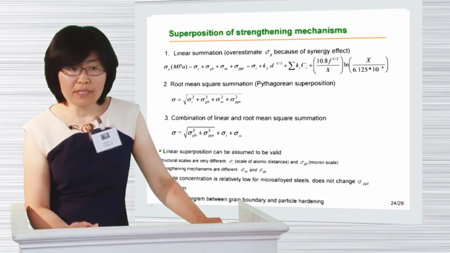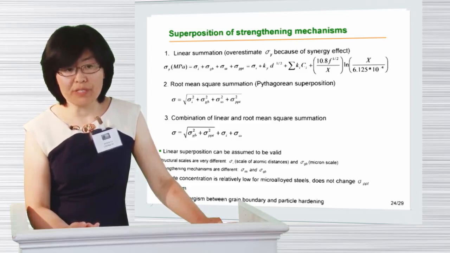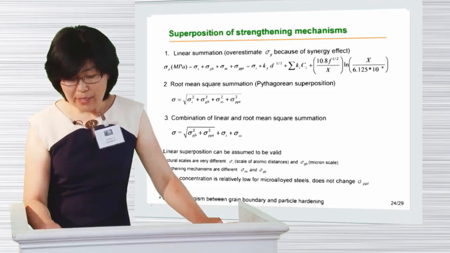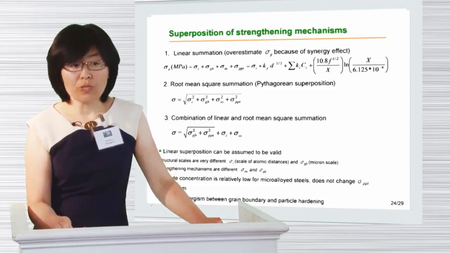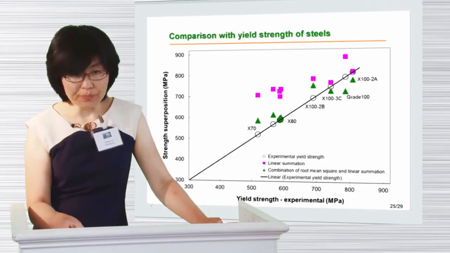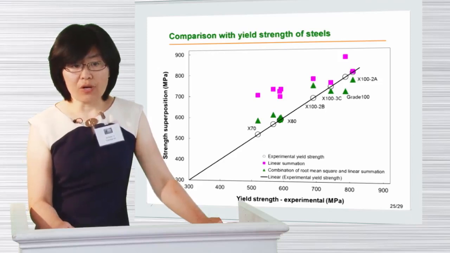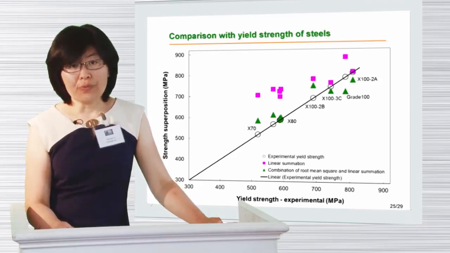The second is using the root mean square summation. And the third one is using a combination of linear and root mean square summation. In the next slide I will show, based on our research work, which kind of superposition is more appropriate. The pink dots show that we are using the linear function.